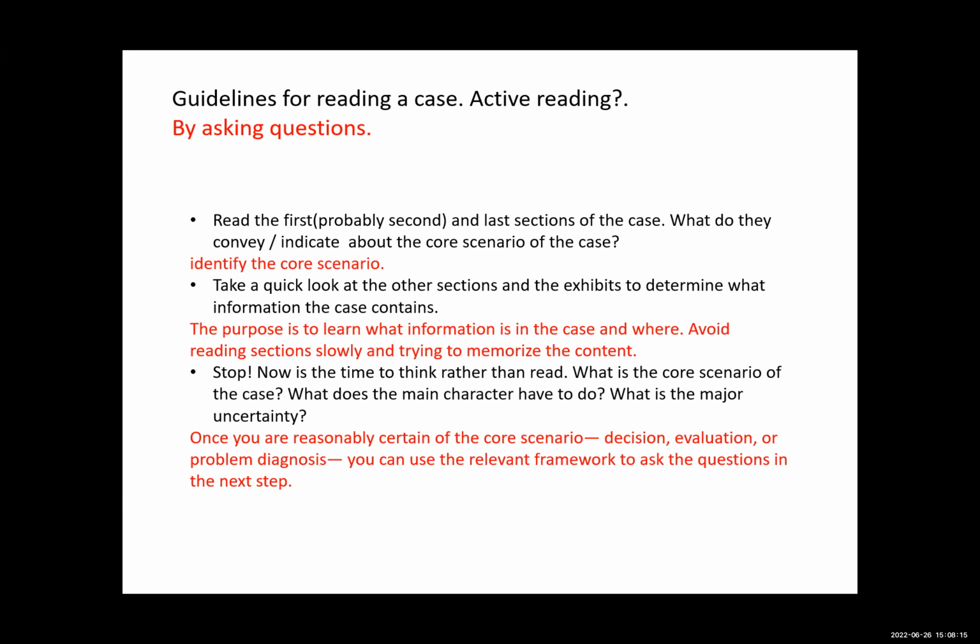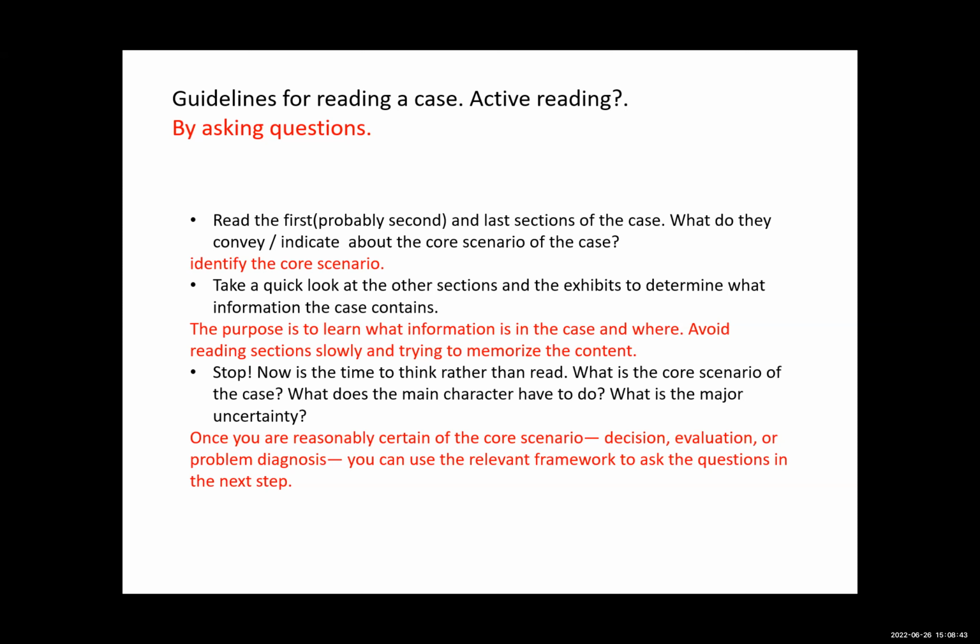We all know that uncertainty is the real life situation for us. And in the case also, there will be uncertainty. So you need to get a grip of what the uncertainty is. Why is decision making so difficult in this? There may be multiple options, and each option might carry risk. That's the uncertainty. You are not sure about what happens if you take decision 1, decision 2, decision 3. That itself is an uncertainty.